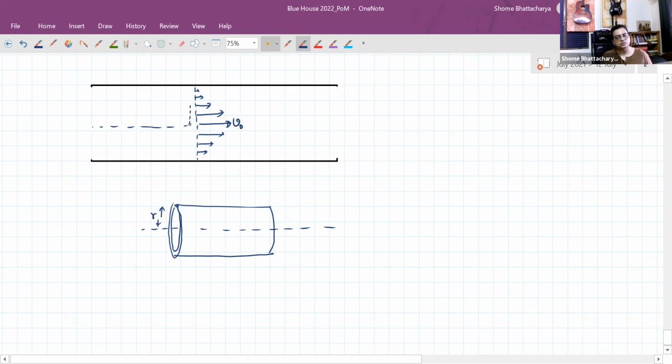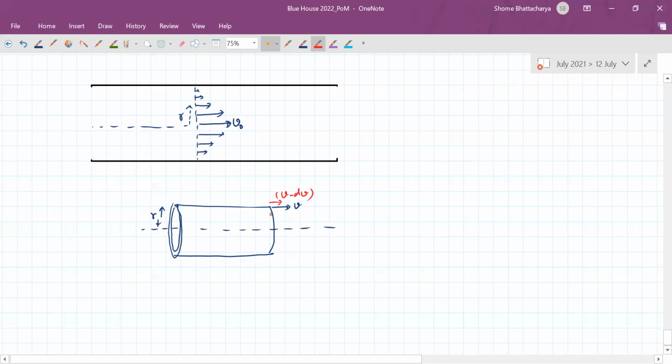So it's this distance r, and it is moving at some velocity v. Now just outside of it, there's another cylindrical shell of liquid that's moving at a slightly slower speed, v minus dv, whereas just inside of it, there's another shell that's moving at a faster speed.